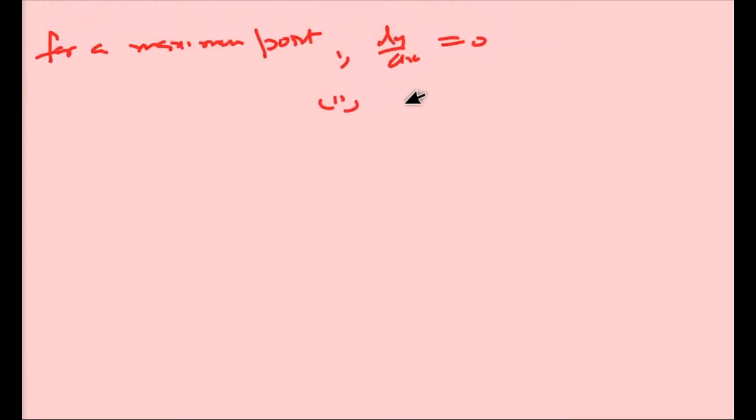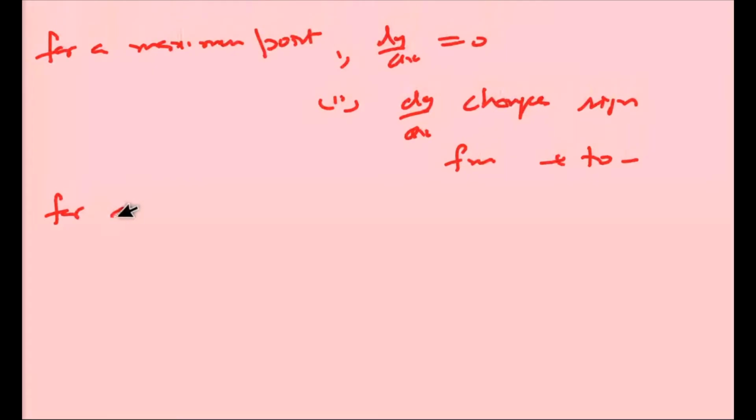Now again I am going to write this. For a maximum point, the conditions are dy by dx equal to 0, first condition. Second condition, dy by dx changes sign from positive to negative.